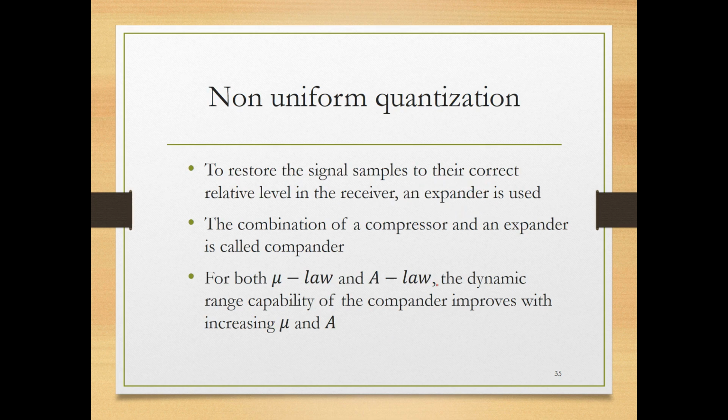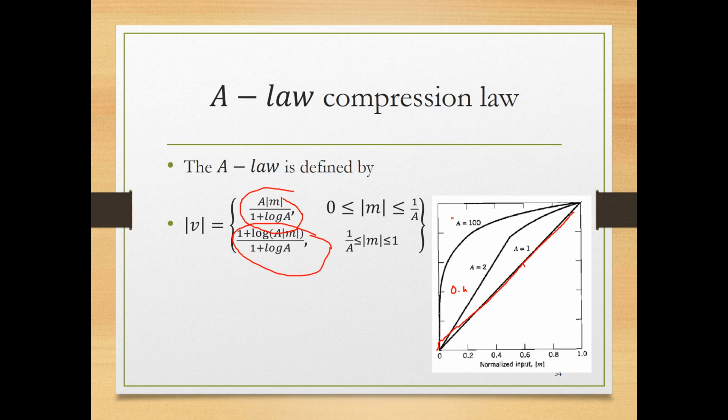If you noticed in the previous figure, when you increase A, for the small values of m you significantly enlarge the amplitude of the output signal. For low values, you have large values. This is what I mean by increasing A and mu.